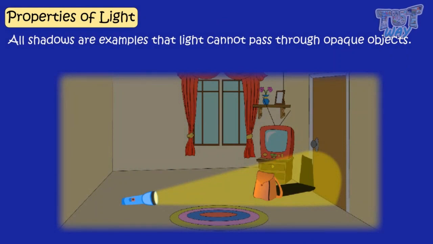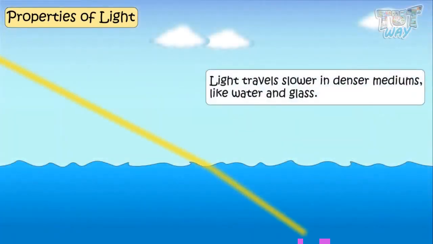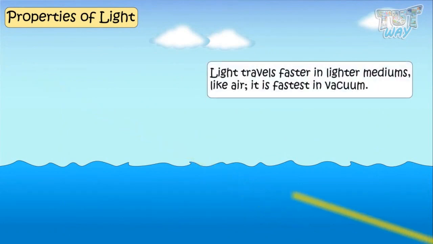Next thing we can learn about light is that light travels slower in denser mediums, like water and glass. And light travels faster in lighter mediums, like air, and it is fastest in vacuum.